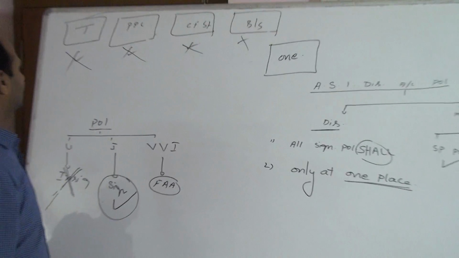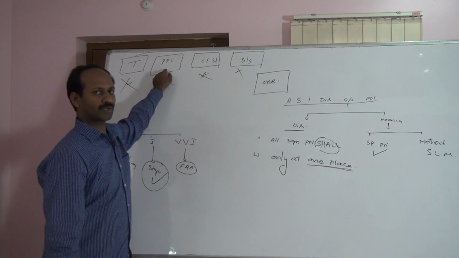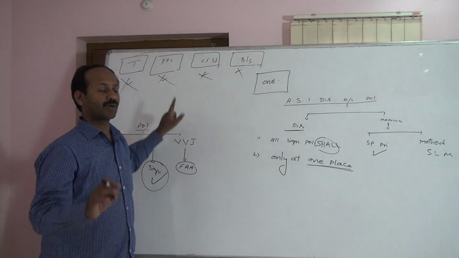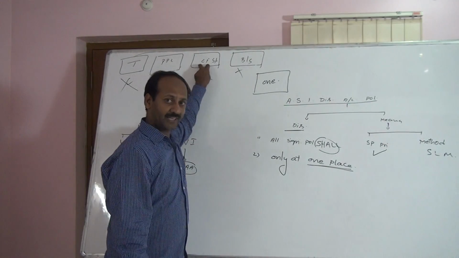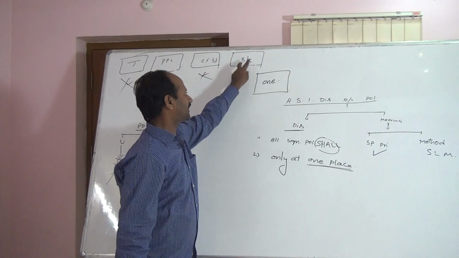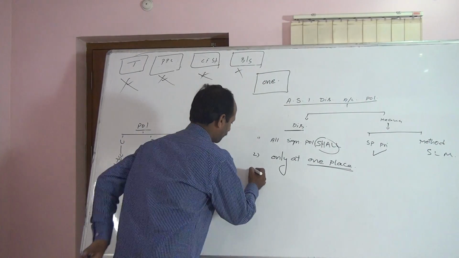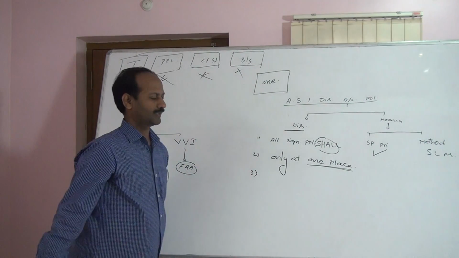Whatever the accounting policies followed for trading account, profit and loss account, cash flow statement and balance sheet, all accounting policies shall be disclosed only at one place.